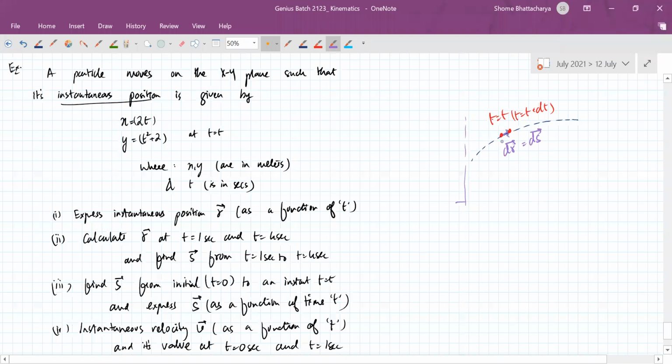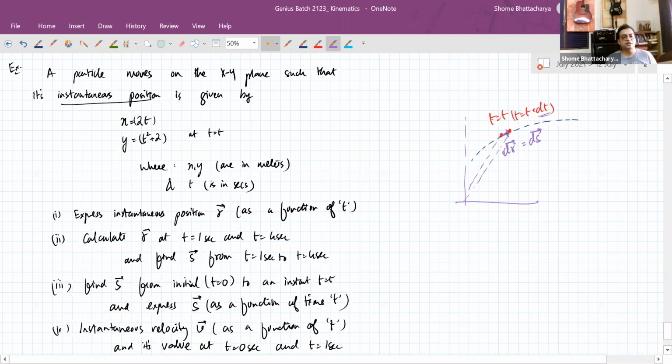You're understanding the point? Yes, sir. So that is why in a small interval of time dt, the change in position is the small displacement dr. Okay, so this is change in position in a small interval of time or differential interval of time dt.